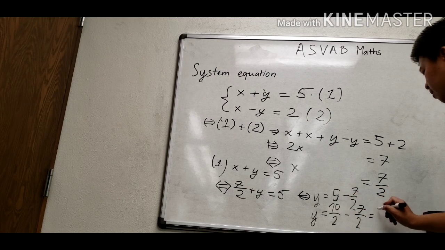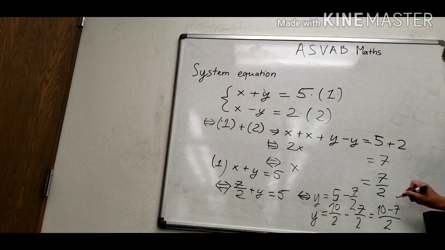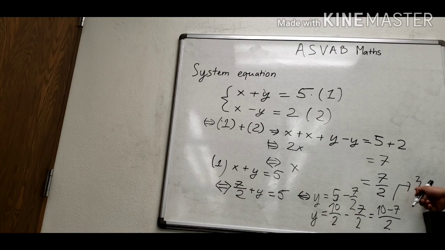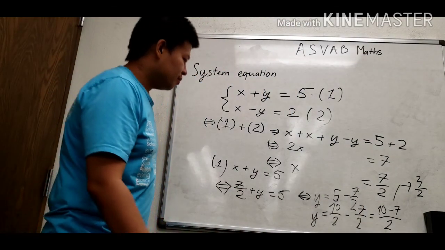So we have 10 minus 7 divided by 2, and we will get the result of 3 over 2. So the answer for the question is y equal to 3 over 2. And this is the way we learn how to do the basic equation in here.